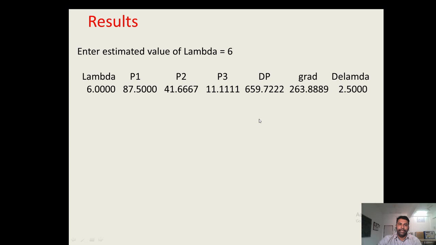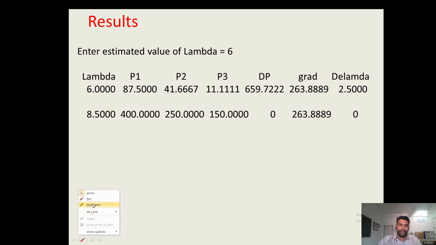Next lambda will be 8.5. Accordingly, P1, P2, P3 will be found out. So, dP in this case is 0, the change in the power is 0, as 400 plus 250 plus 150 is satisfying the power demand of the system.